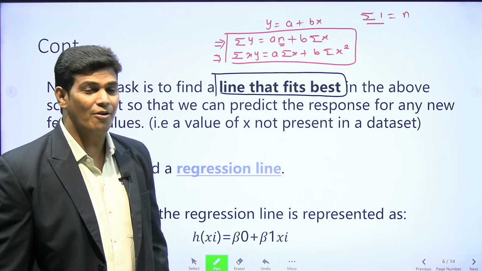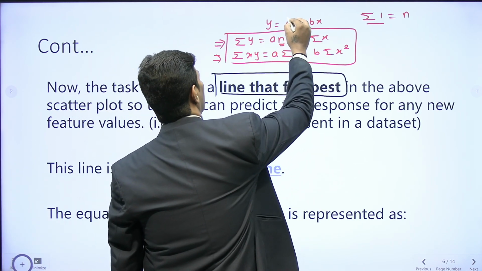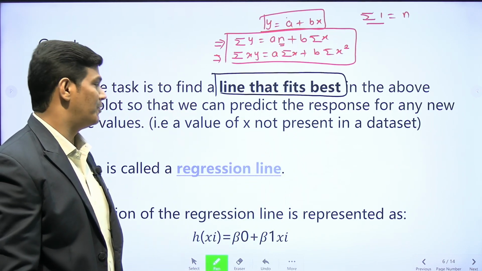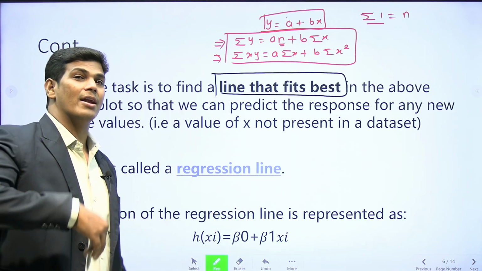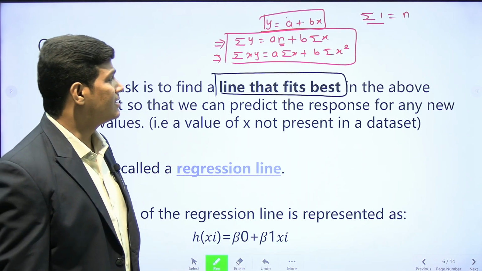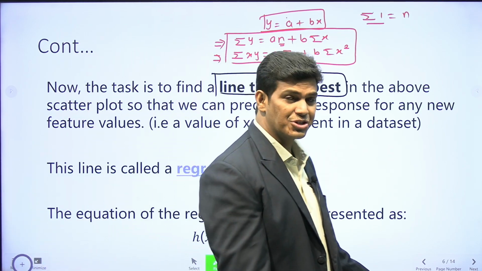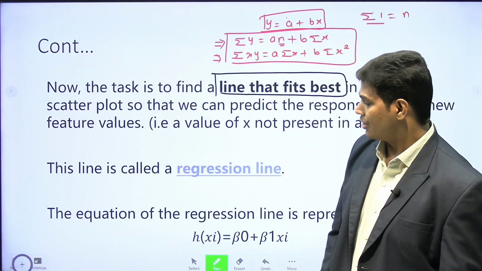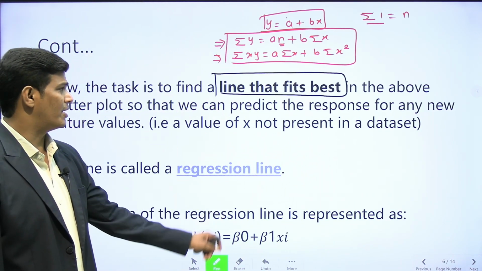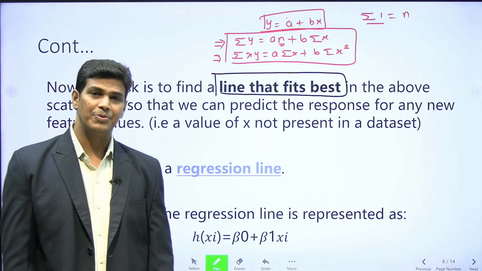Then substitute these values in the equation y equal to a plus bx, which is known as the regression line, or in other words, the best fit. So this is the basic funda of linear regression and simple linear regression. I hope you find the concept simple. Thank you so much.